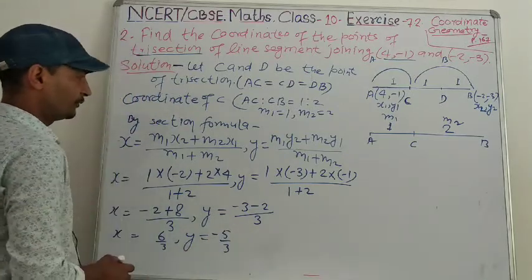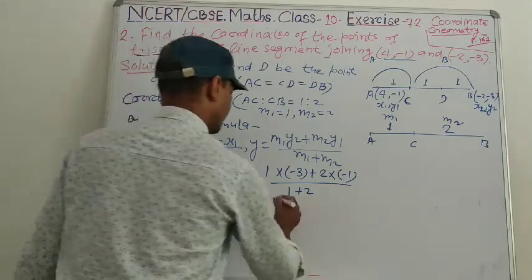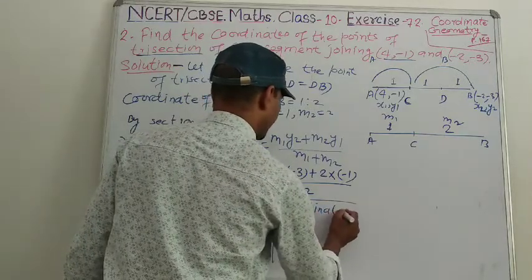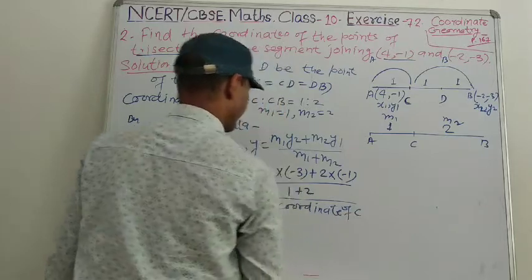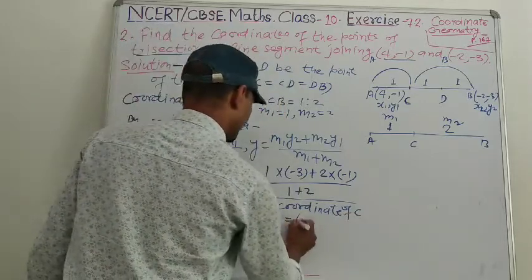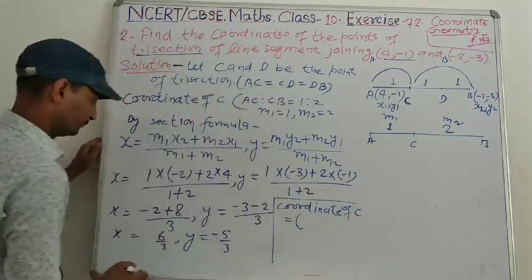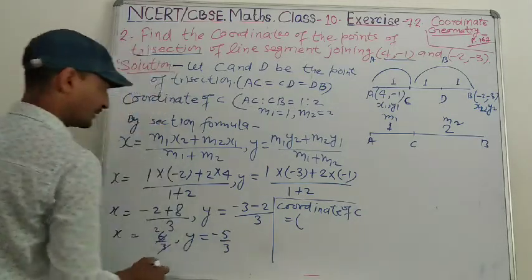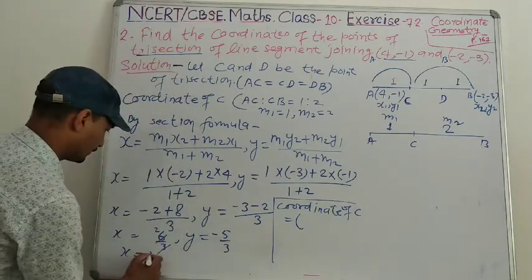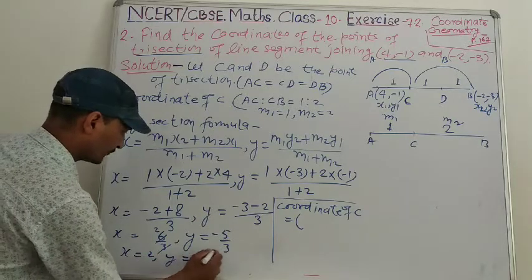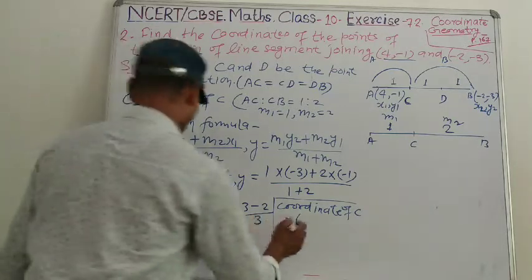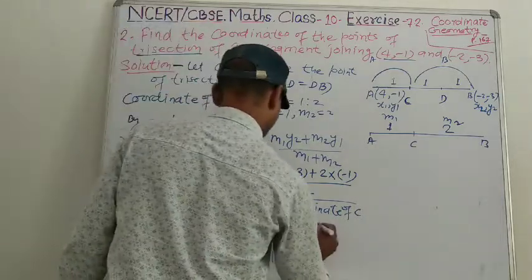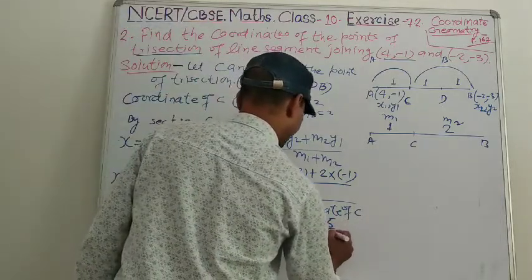So coordinate of C: we can cancel this 3 with 6. That means x equals 2, y equals minus 5 by 3. So our answer is 2 and minus 5 by 3.